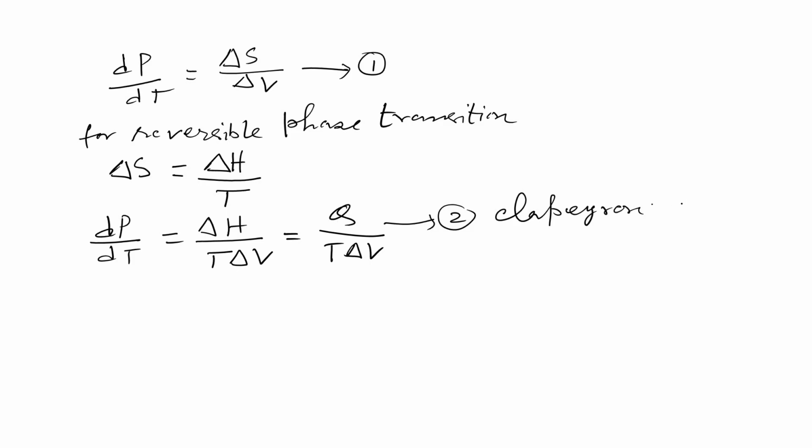The Clapeyron equation is dP by dT is equal to delta H by T delta V, or in place of delta H, if I write Q by T delta V, this is also the Clapeyron equation. These are the forms.